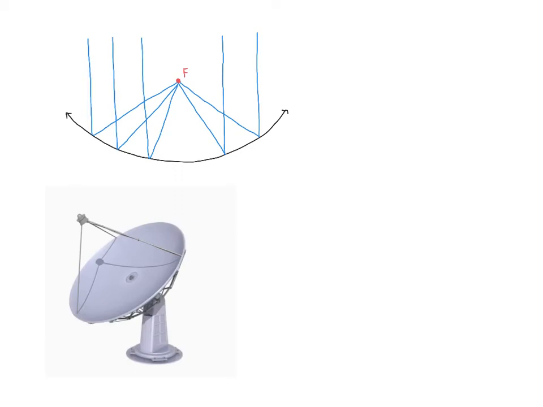And so a satellite dish works because it's pointed in the direction of the satellite that's sending the signals, and the satellite is going to send a whole bunch of signals all in parallel lines towards the satellite dish. And each one of those, wherever it hits the dish, is reflected to the focal point, which ends up being the part of the dish that receives the information.